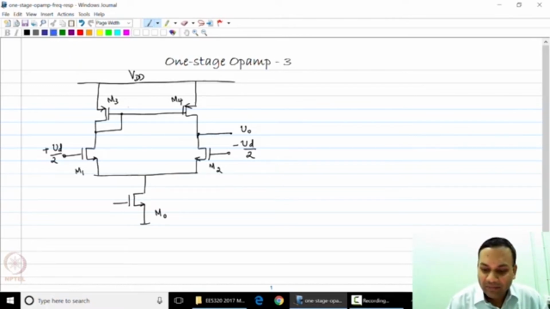I am now going to name them X, Y and Z. And obviously, the parasitic capacitance at these nodes will come from the internal capacitances of the transistors themselves. And once you design the op-amp, you will know what these capacitance values are. For now, we will just assume they are some capacitance Cx, Cy and Cz.